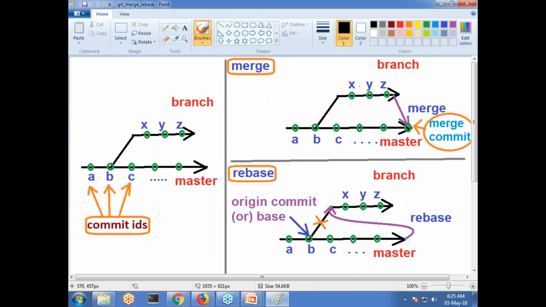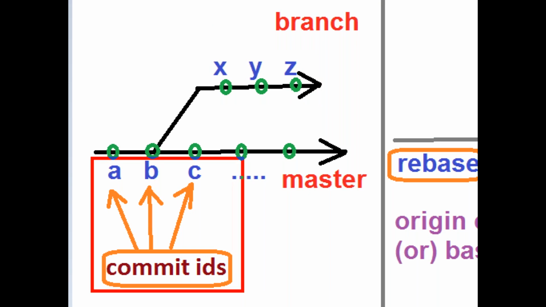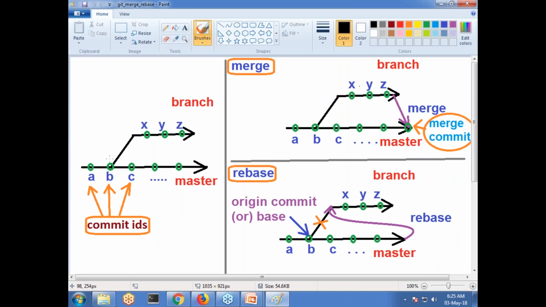See this one. So it is my branch and master. The branch contains some commit IDs, X, Y, Z, and master contains commit IDs like A, B, C. So I want to get the code from this branch and add it to master.